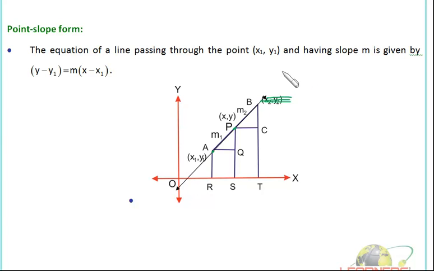Again this line is making a slope. The slope is actually tan theta, so I assume this angle to be theta, right?